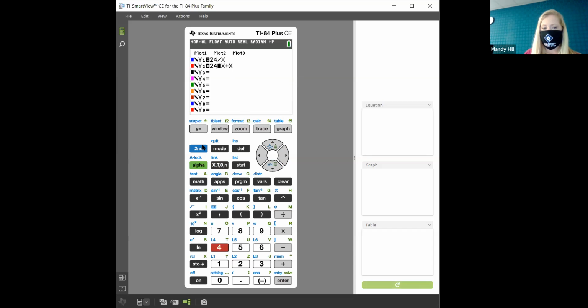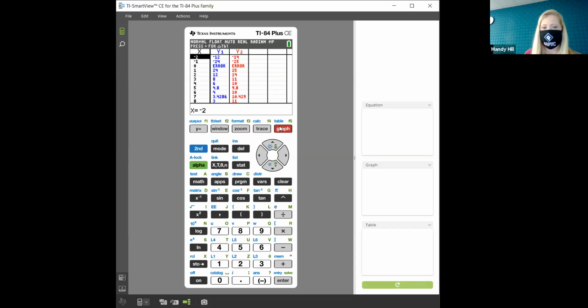We really want to look at our table. So I'm going to hit second graph to look at my table, and I'm going to keep in mind that I needed 2 things that multiplied to give me 24 and add to give me 10, okay? So here's the answer. This row right here where you see the 10, that's what you're looking for.